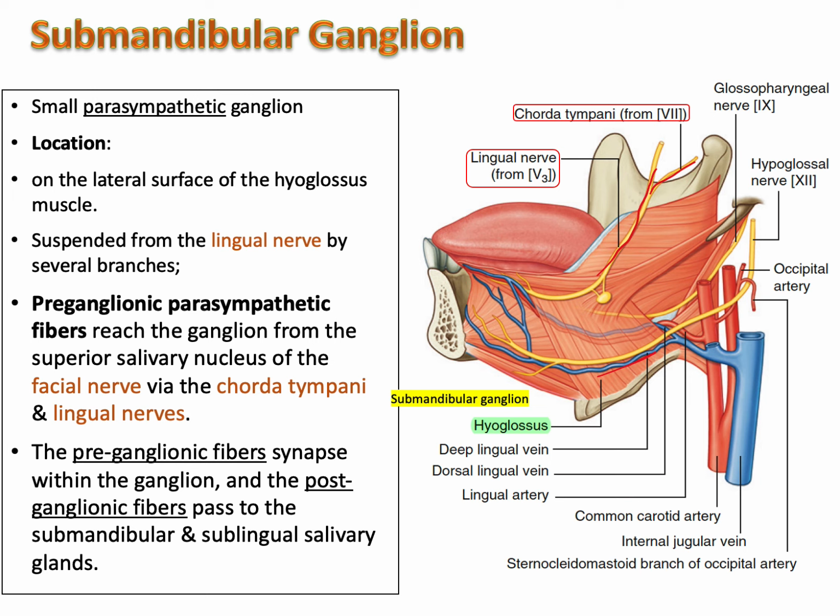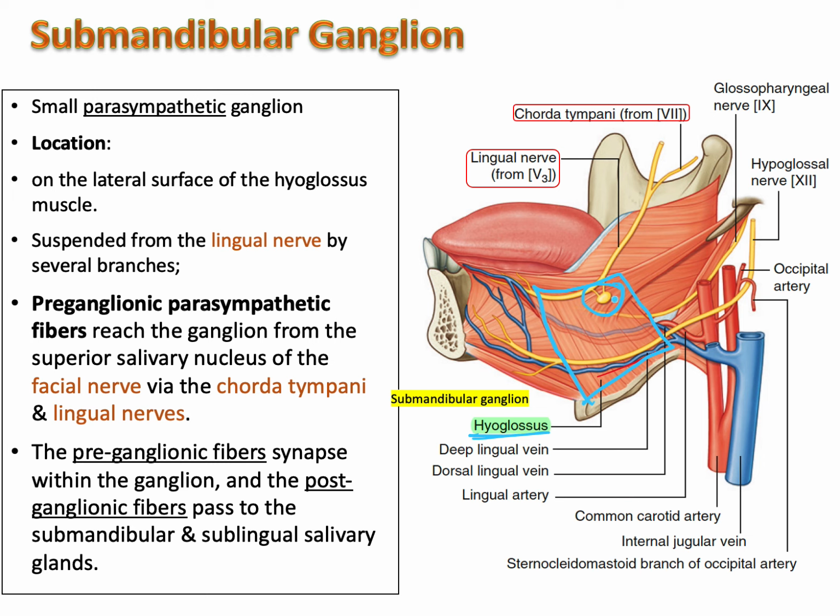In this slide, I will just reiterate what I mentioned to you guys before about this ganglion known as the submandibular ganglion. First of all, it is a parasympathetic ganglion. That means it receives parasympathetic, or preganglionic parasympathetic, fibers. As I mentioned earlier, it's located lateral to this muscle, lateral to the hyoglossus muscle, right?